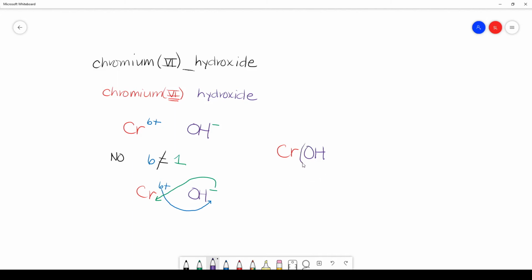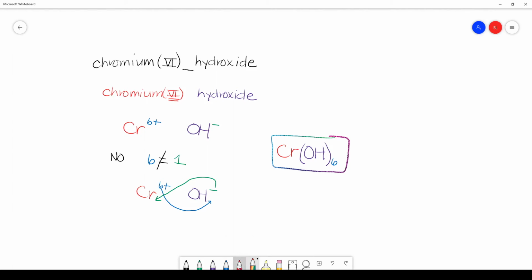But here, I have 6 of them, so I have to enclose the chemical formula of the polyatomic ion within parentheses. So the O and the H are within parentheses, and that 6 goes on the outside. So the correct formula for chromium 6 hydroxide is Cr(OH)6.